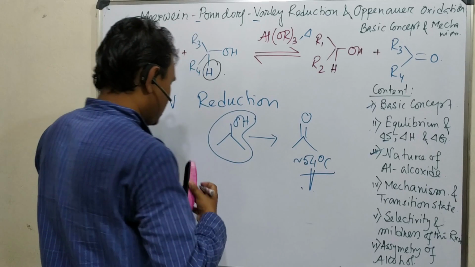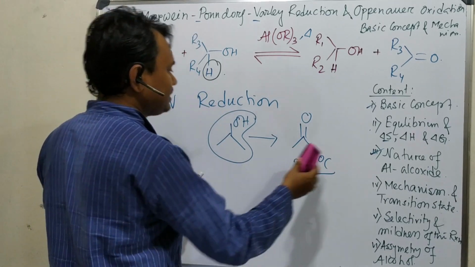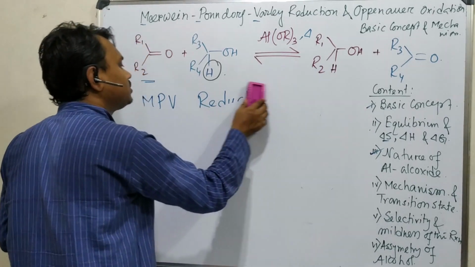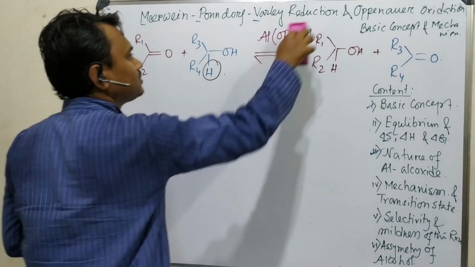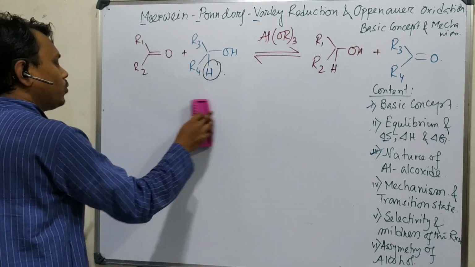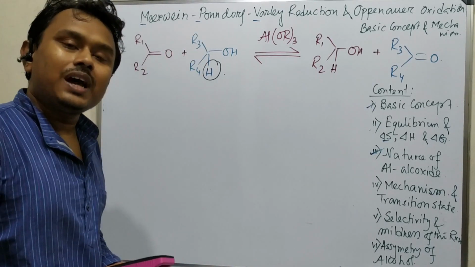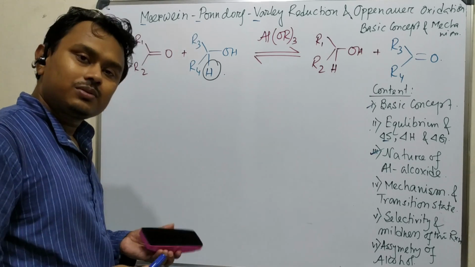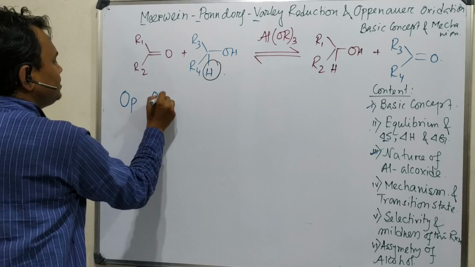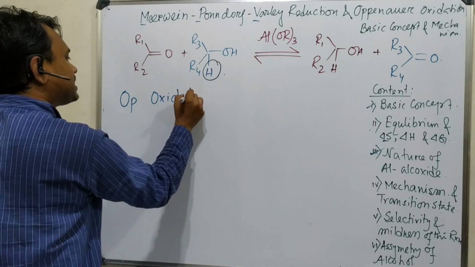Now, if our target is oxidation, meaning open air oxidation, then what would be the strategy? If we want open air oxidation, then we need a sacrificial ketone. I am just writing OP for oxidation to save time.